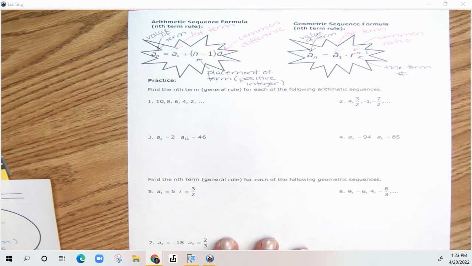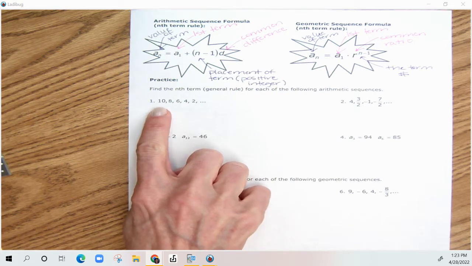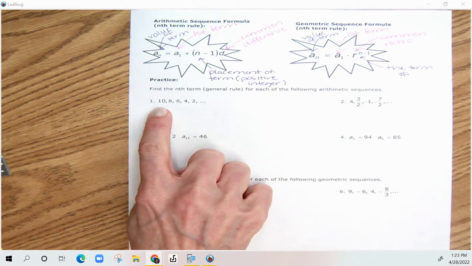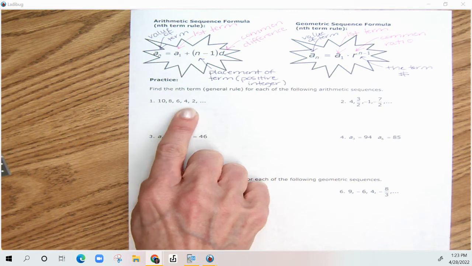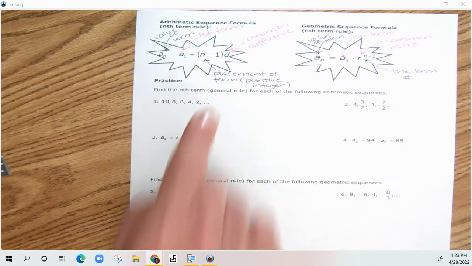So then we have some formulas. Since it is a predictable pattern, it is possible to answer questions without the use of formulas, but those come in handy, especially for large numbers. For example, if I knew that the sequence starts with 10, and I can see the pattern, it's going down by 2 each time, then if I want to know the next term, I don't really need a formula for that.